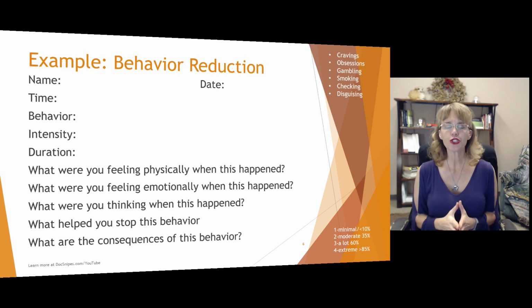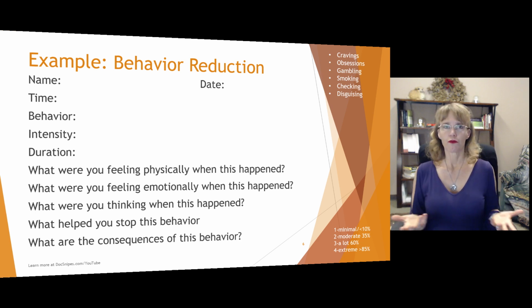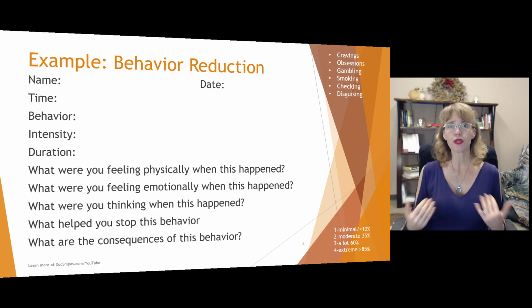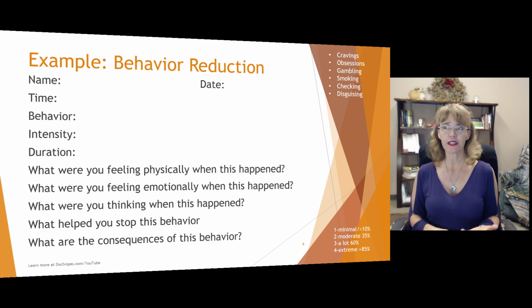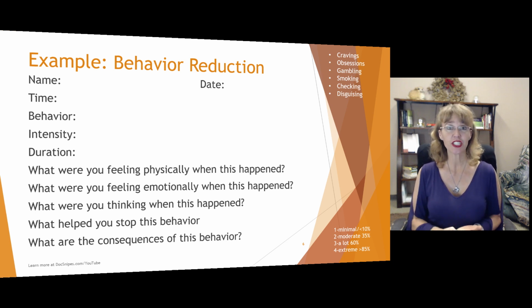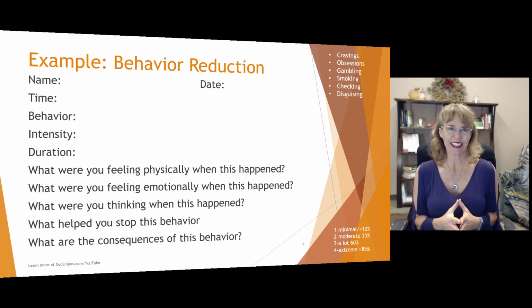What were you feeling emotionally when this happened? Now, emotions are typically dysphoric or unpleasant when people are experiencing cravings, obsessions, or are being triggered to engage in addictive behaviors. That's not always the case.